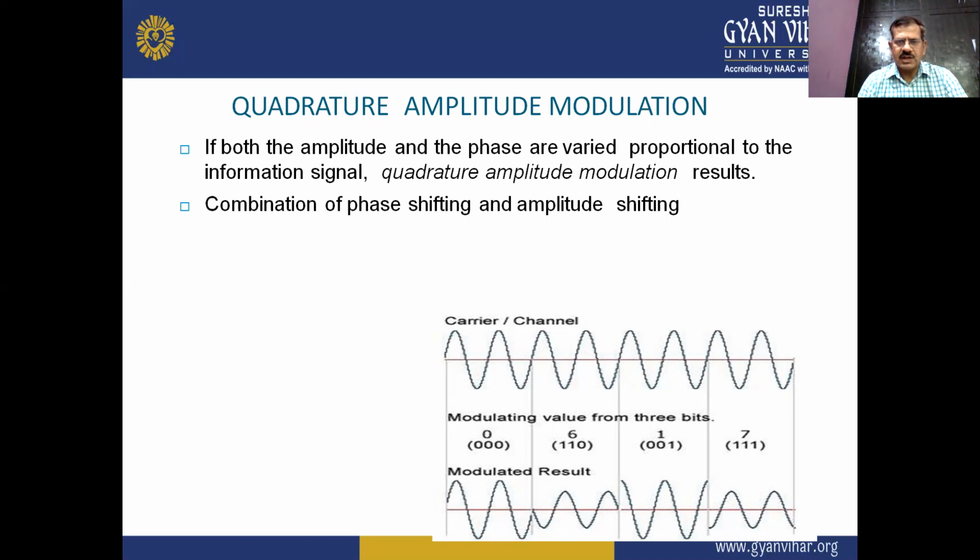The first waveform is the carrier signal waveform, and the second one is the resulting modulated waveform. The modulating values are 3 bits, starting from 0 0 0, next 1 1 0, and 0 0 1, and 1 1 1.